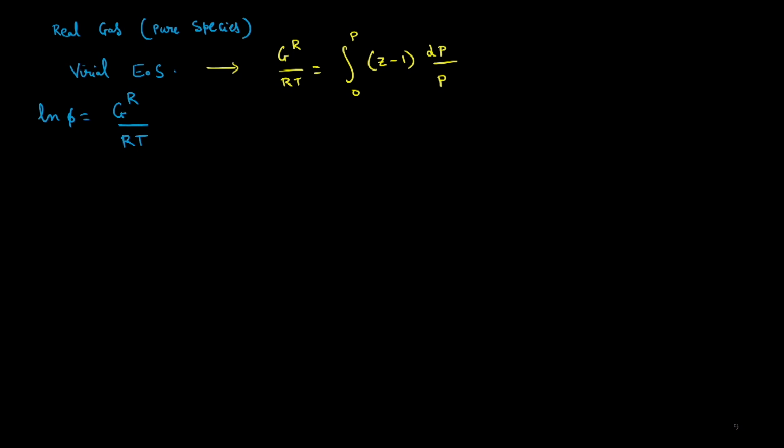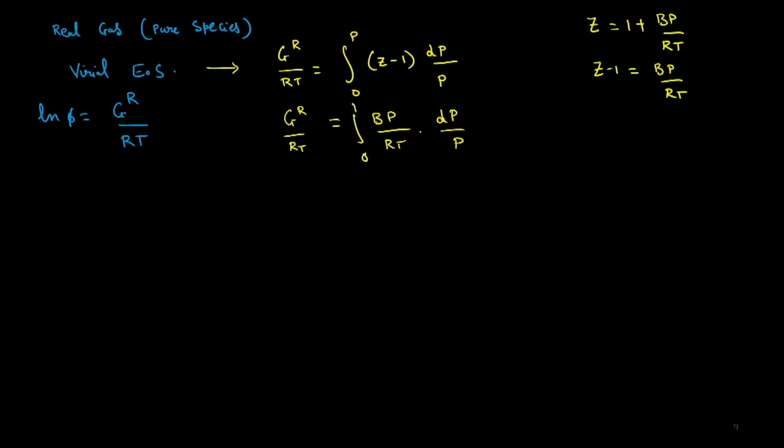That was the relation for gr over RT, and for the virial equation of state, Z is 1 plus BP over RT using only the second virial coefficient, or Z minus 1 is BP over RT. So this integral will then be BP over RT times dP over P. These two get cancelled.